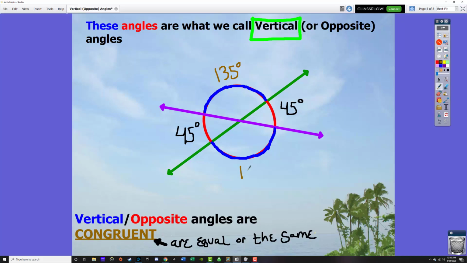That means that this is also equal to 135 degrees because both of these angles are congruent, or exactly the same, or equal, whichever way you prefer to think of it. Congruent is one of those words that I'm going to want you to store in your memory for the foreseeable future, because we're going to be using it a lot.